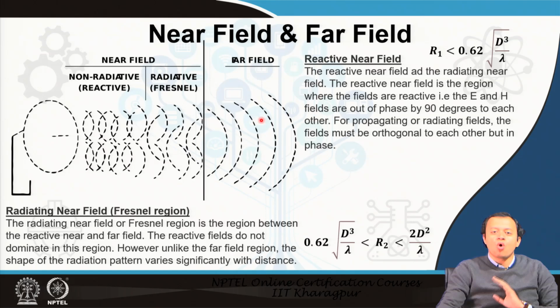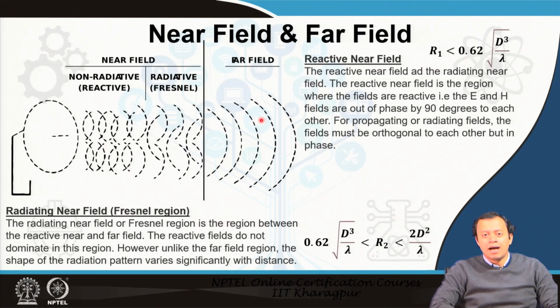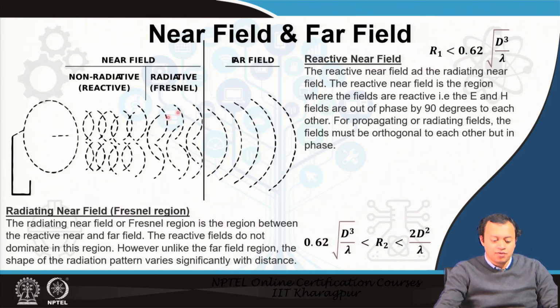The far field follows all formulas of Maxwell's equations; it is not that the near field does not follow them, it has a modified formula, but the far field is the normal field. This is somewhat of an abnormal field where those other formulas, such as being orthogonal to one another, are not followed.